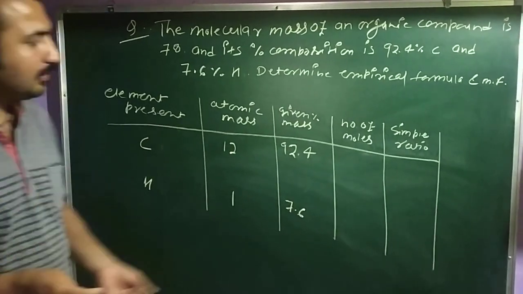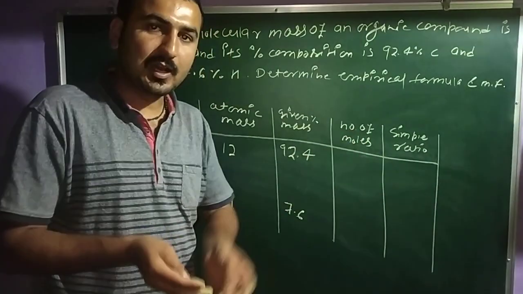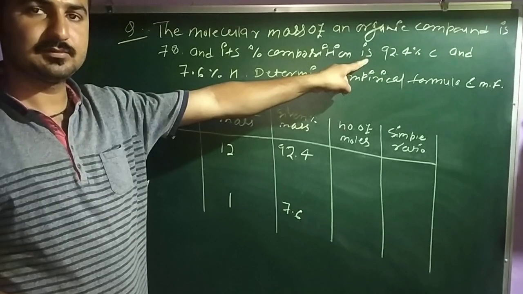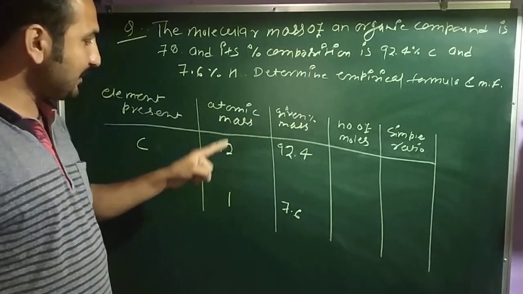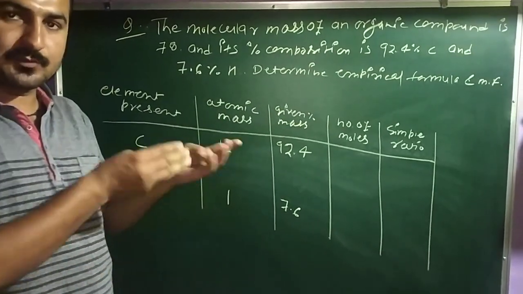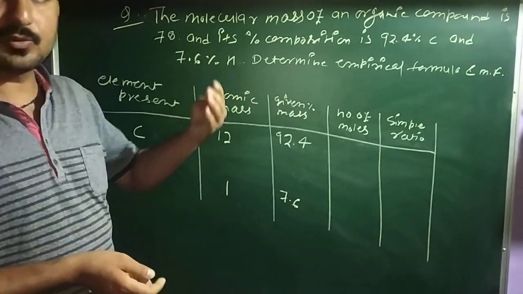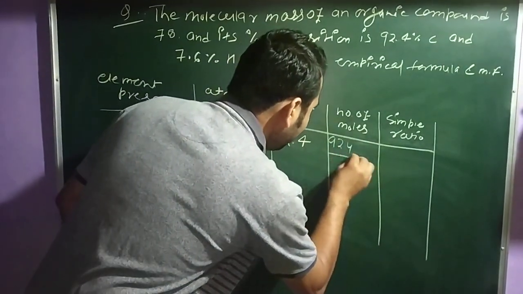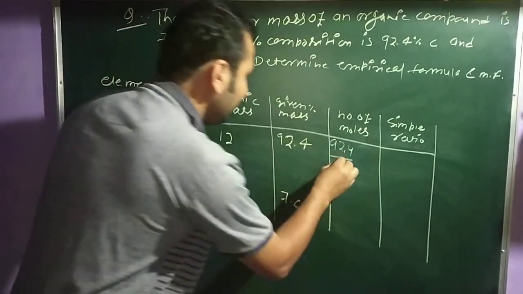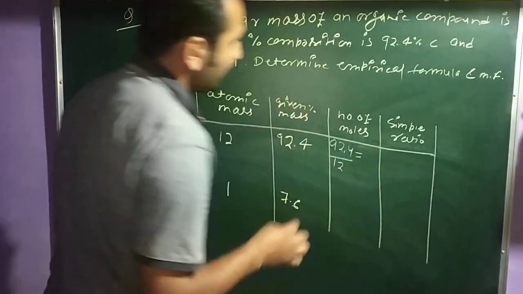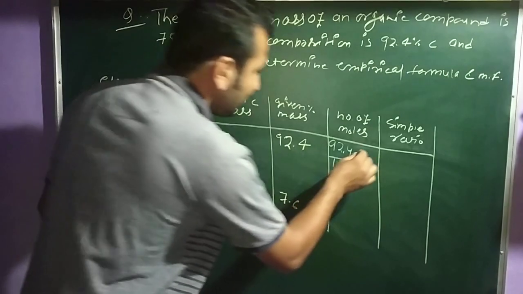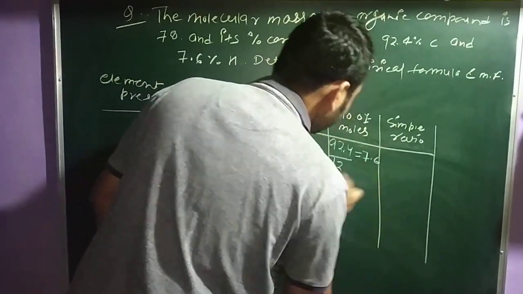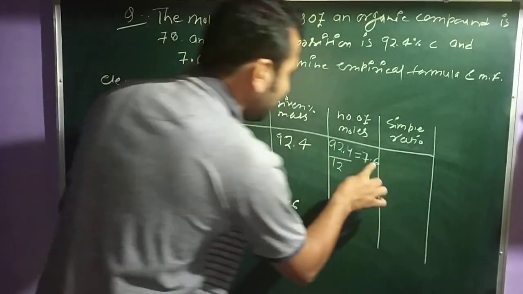First we calculate the number of moles. How do we calculate the number of moles? Here, the given mass you have and total mass you know. So what's the formula? The given mass upon total mass. So given mass is 92.4 by 12. So approximately it becomes around 7.7.